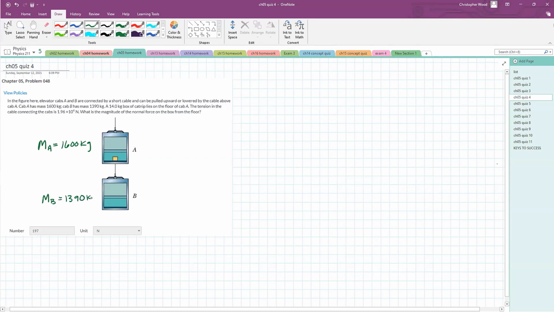So just doing the read through. They're connected by a cable. This cable might pull the elevators up or down.